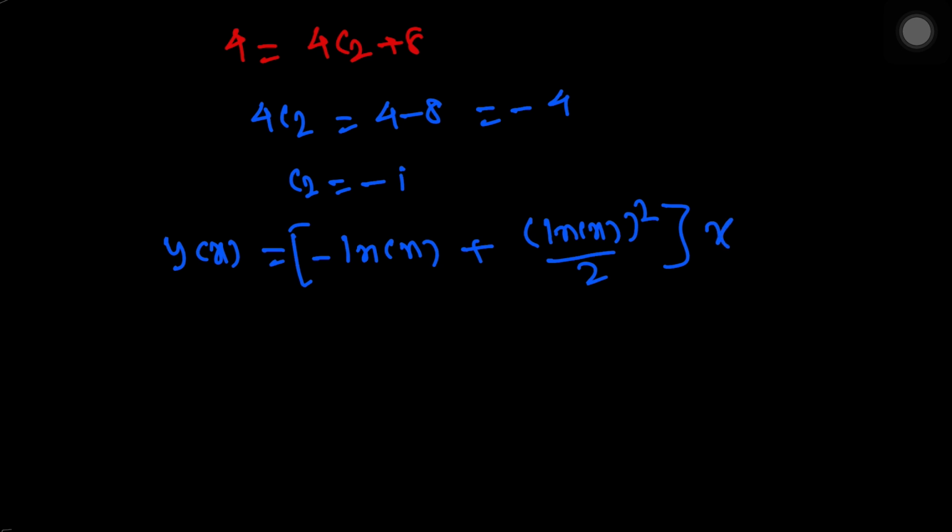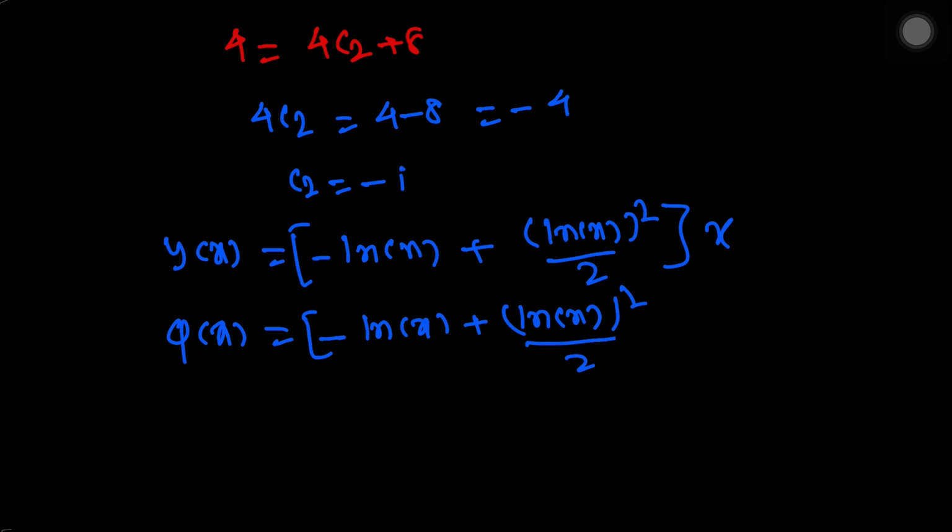This is the final solution, and the final solution is what? phi(x). So phi(x) equal to y(x), so that becomes (minus ln x plus (ln x) whole square by 2) into x.